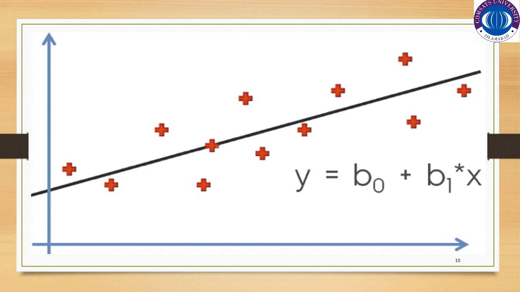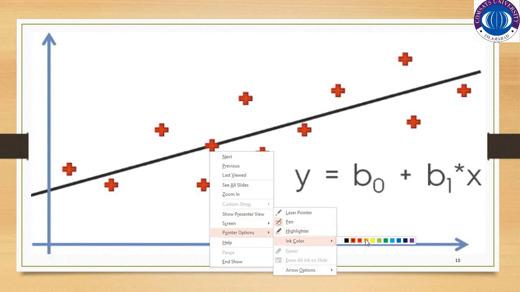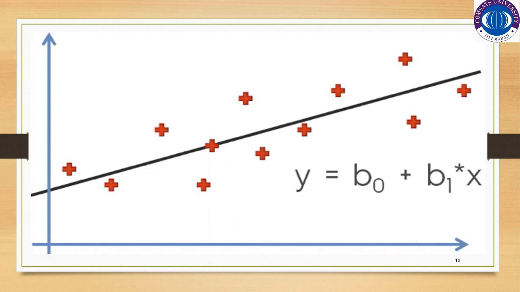Like this point is exactly on the regression line, but there is a difference between this point and the line, also between this line and this point, also between this point and line, and this. So not all data points are on the regression line.